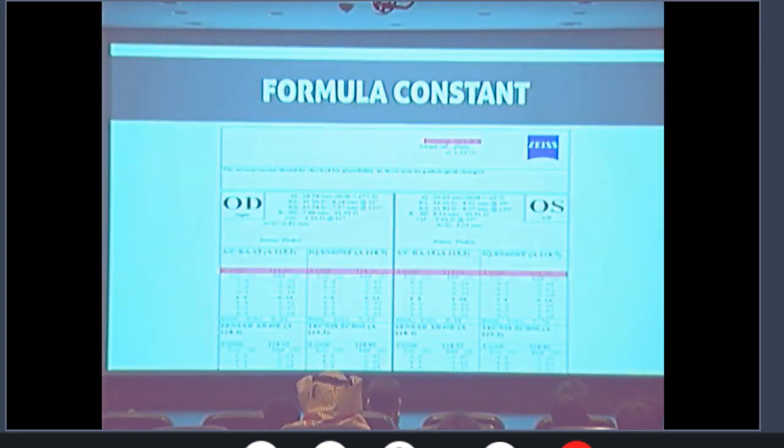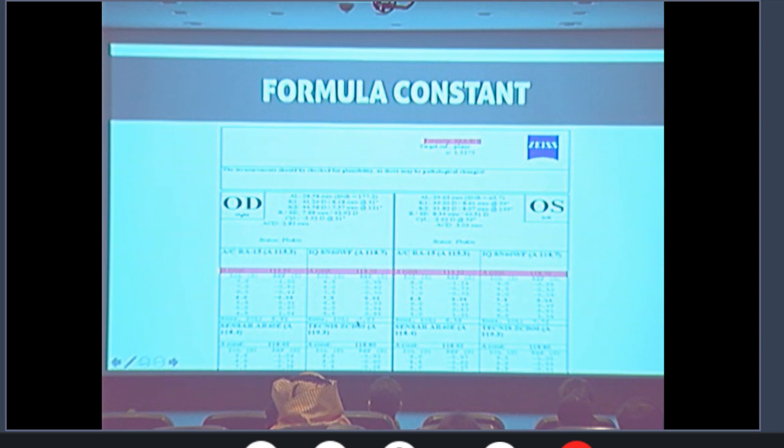So here, as you can see, this is the IOLMaster. Let's say this is the name of the IOL. It is IQ, this is the IQ lens. Yes, this is the name of the IOL. It is not the A constant you are using. But actually, this is the A constant you are using.